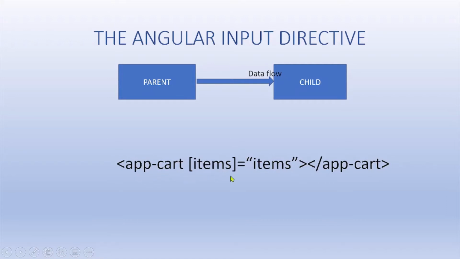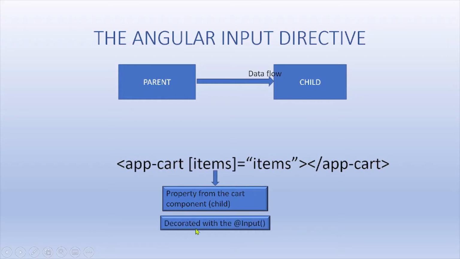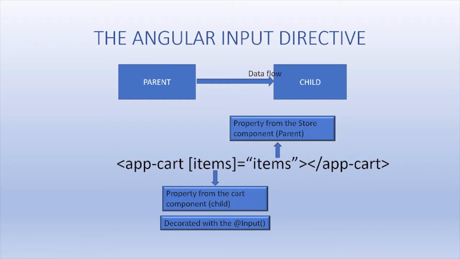And within that directive, we are specifying that the property from the cart component, which remember is a property that is decorated with the input decorator, be assigned the value of the property from the store component.